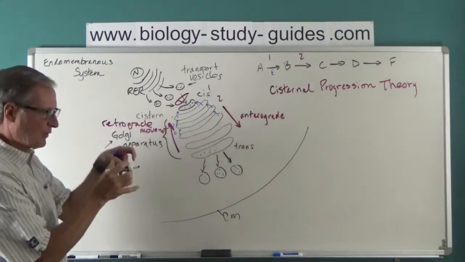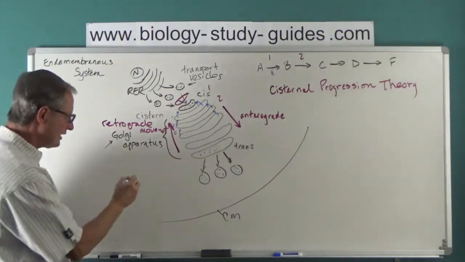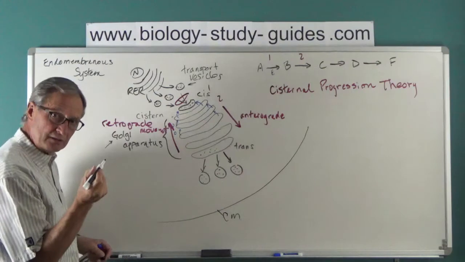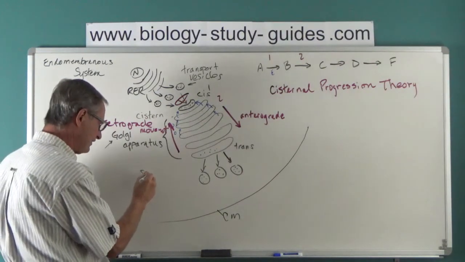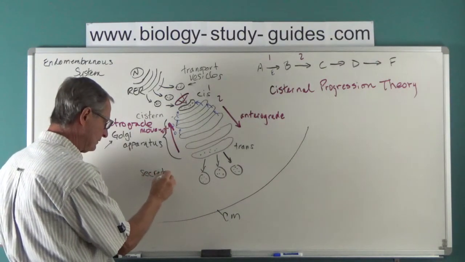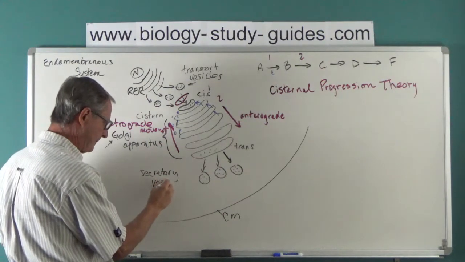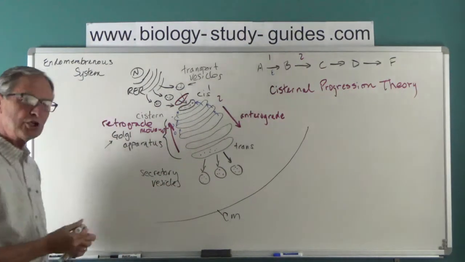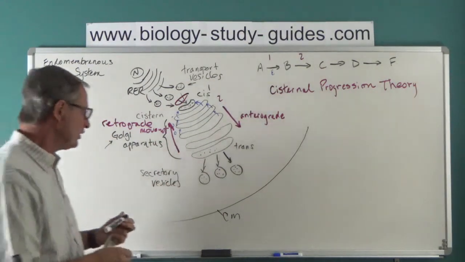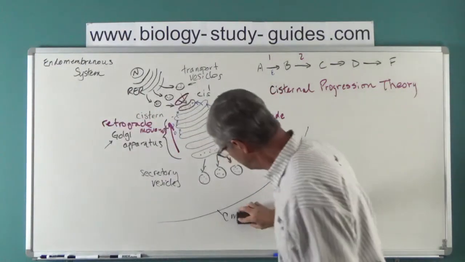They join together, they're transporting that. These ones down here could be secretory vesicles, because they could fuse with the cell membrane. I'll just erase this here.